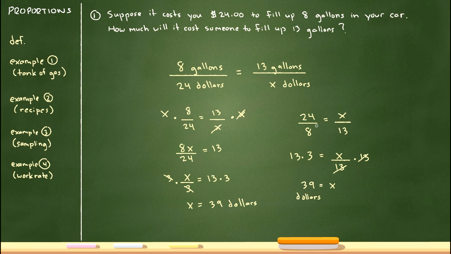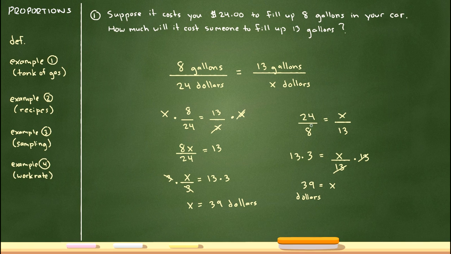So as long as you are consistent in the way you set up these ratios, we should get a correct answer. It shouldn't matter how we set these up. Although you do want to be careful, we can't throw numbers everywhere. Again, you want to be consistent in the way you're comparing things here.